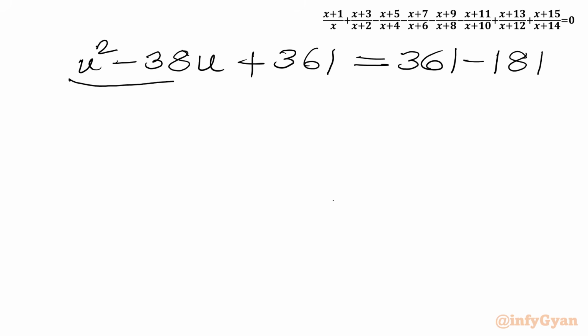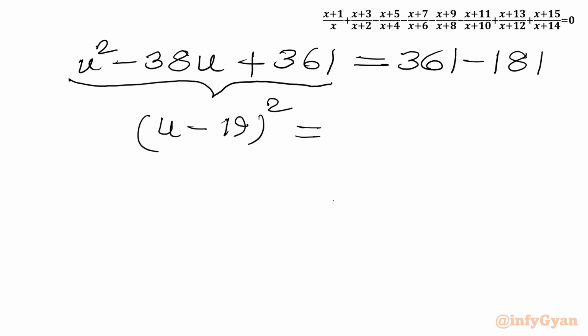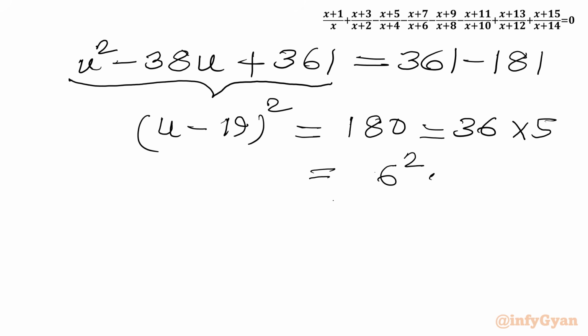Now from the left hand side, we are going to get one perfect square of u minus 19. And from the right hand side, it is 180, which we can write as 36 times 5, and 36 is 6 square times 5. In LHS, we'll write u minus 19 whole square.